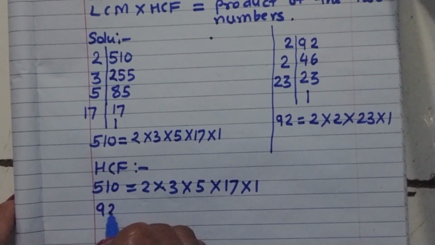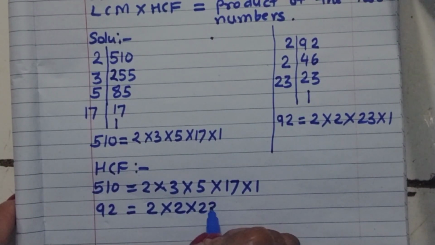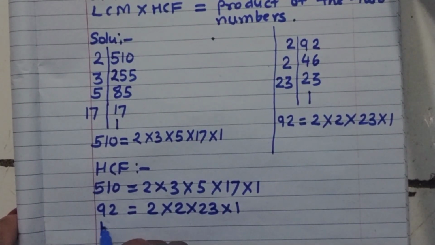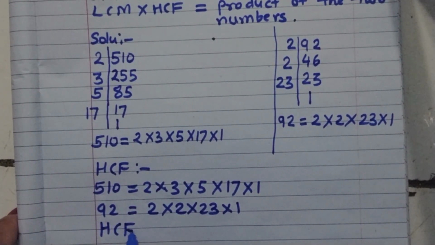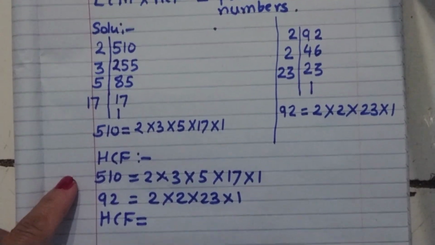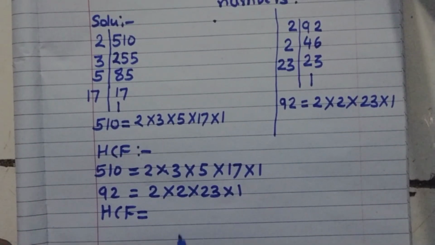Now 92 is equal to 2 multiplied by 2 multiplied by 23 multiplied by 1. So to find HCF, we find common factors among 510 and 92 and write them only one time.